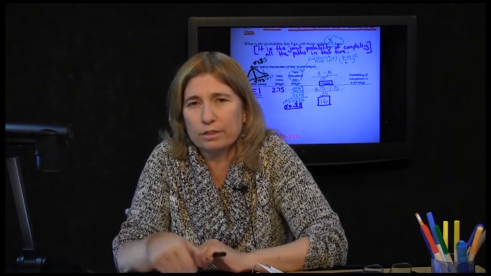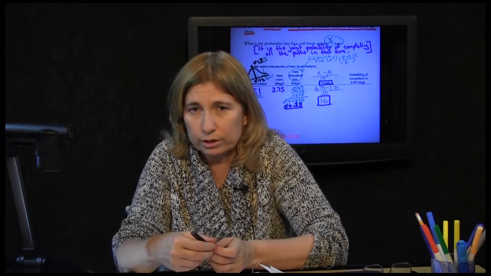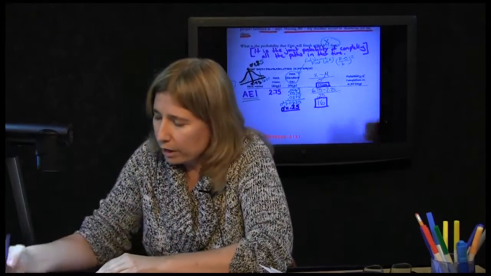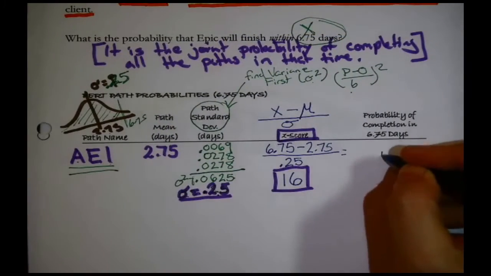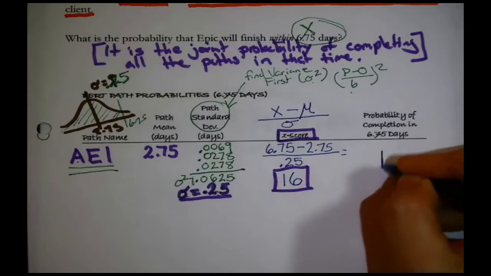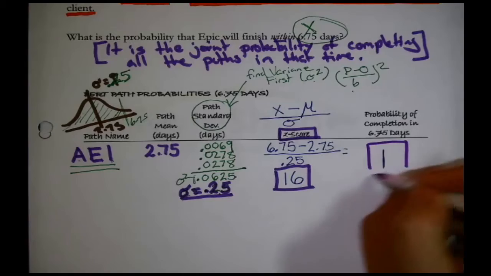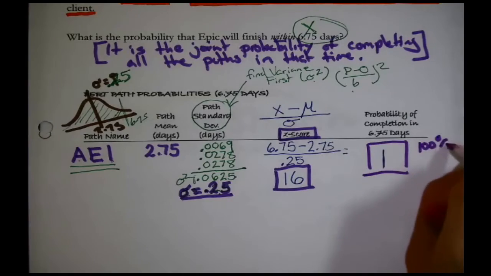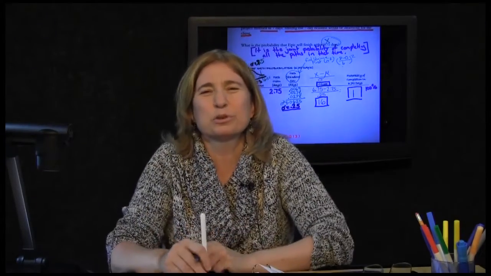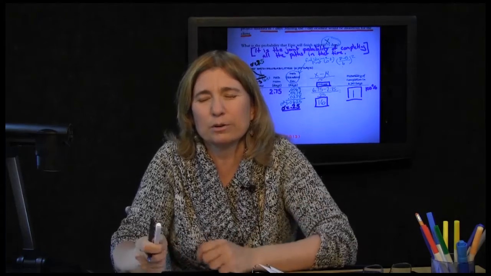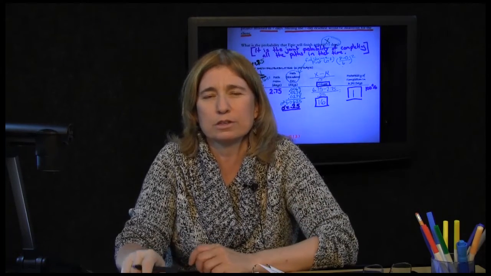That's not a path that you're worried about when you're calculating risk. So numerically, that's a probability of 1, for 100%. No problem. Basically, AEI is so short, it's not going to create a problem with respect to 6.75 days.